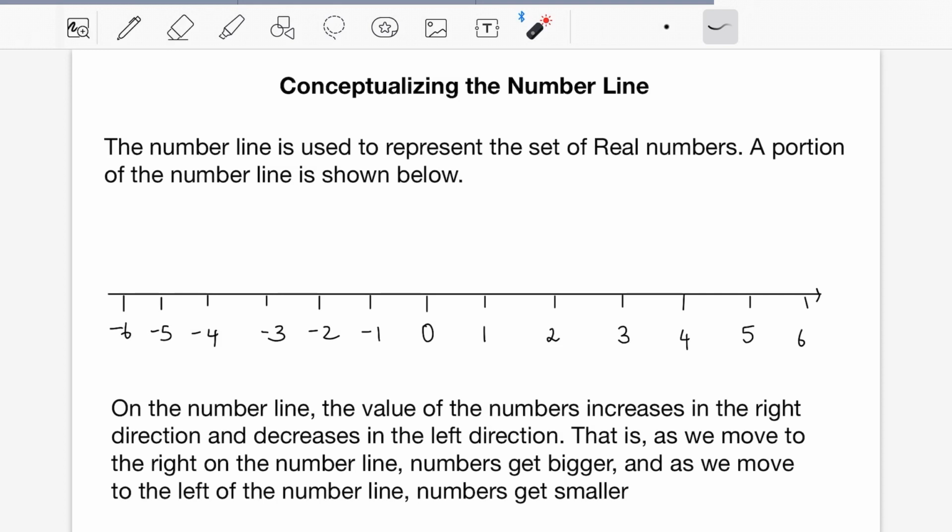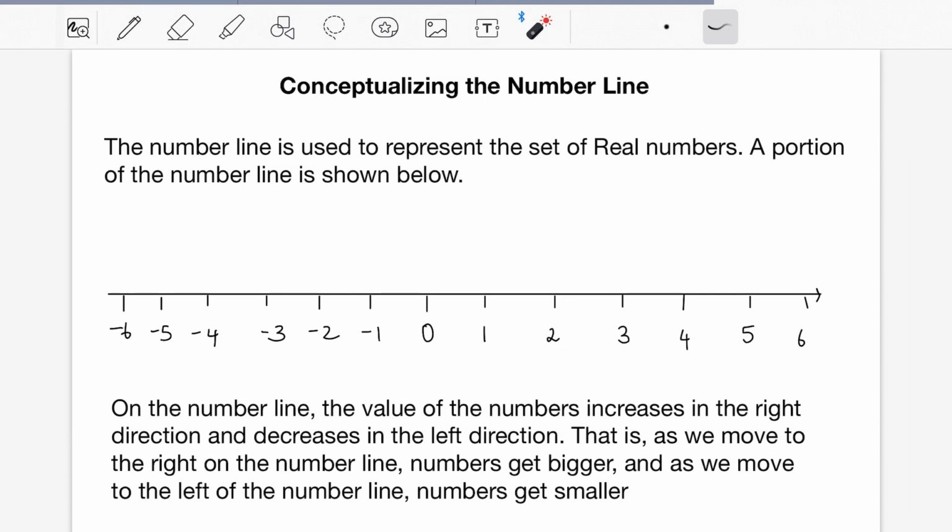So the number line, if we are moving to the right, you can see that the numbers are increasing in value. Okay, so going from 1 to 2, the numbers get bigger. 2 is bigger than 1, 3 is bigger than 2, 3 is bigger than 1.